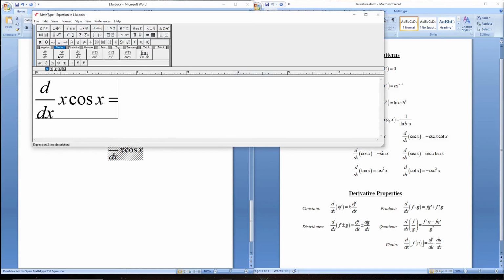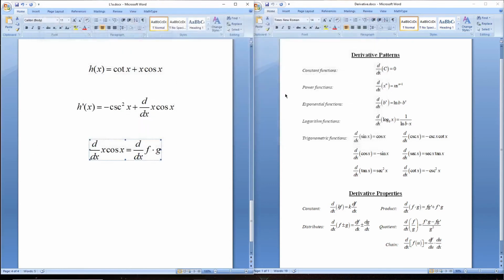So again, what we're doing is recognizing what functions we have. We have a power function times a trig function. We're going to call the power function f, and the trig function g. Now, it doesn't matter which you call f and g, but once you call it f, you better continually call it f through your entire problem. You've got to be consistent.